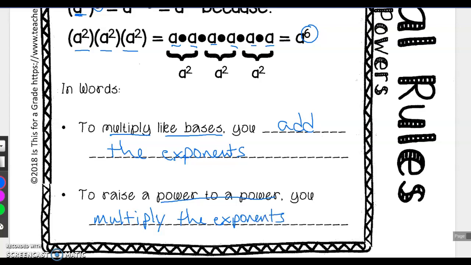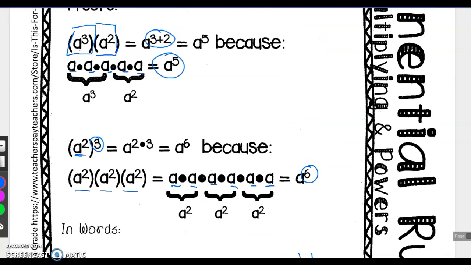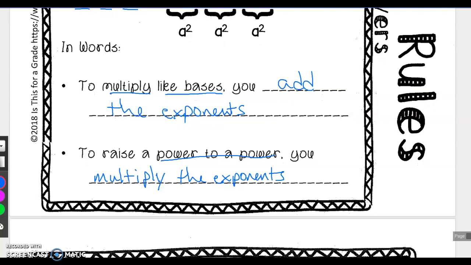And those are the first 2 rules we're covering. Multiplying and power rules. If you have like bases and you're multiplying them, you add the exponents. If you have a power to a power, 1 base, then you just end up multiplying the exponents.